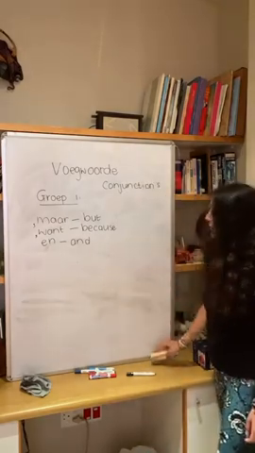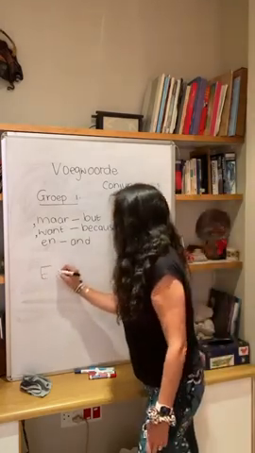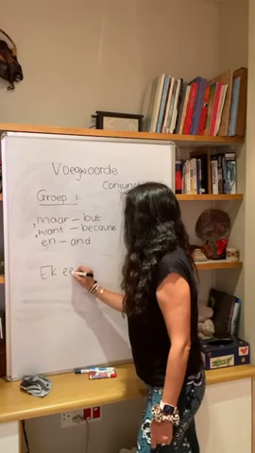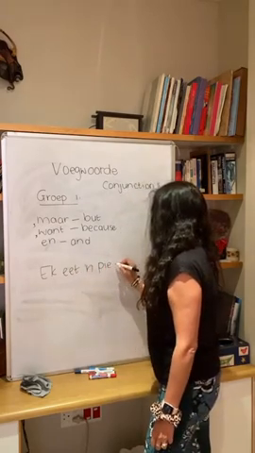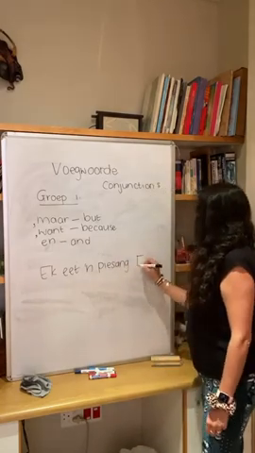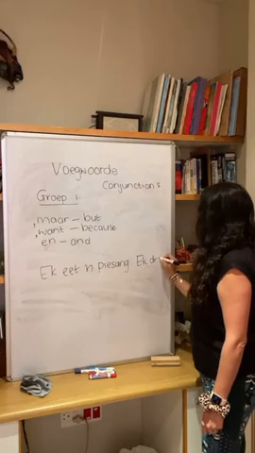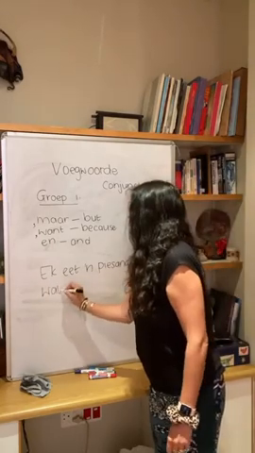So the word en obviously means and. So ek eet 'n pisang. I eat a banana. Ek drink water. I drink water.